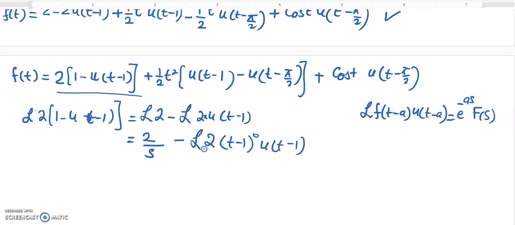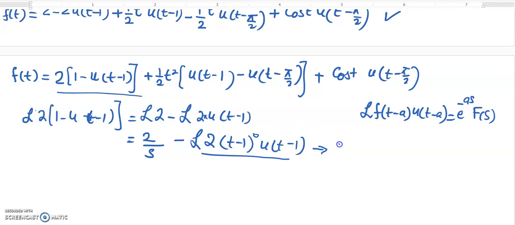In this case, what will be its Laplace transform? Because it is of the same form, it will be the Laplace transform of this function. F(s) is the Laplace transform of the function, and the function here is actually 1.